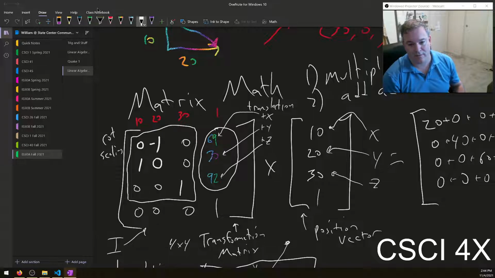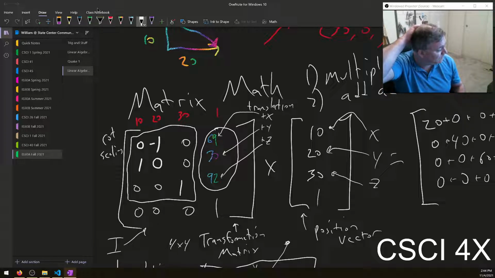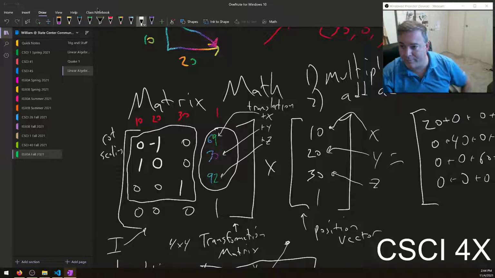Is this right? No, this is a clockwise. It's a clockwise rotation. Sorry. It's not counterclockwise. Okay. So let's do the math. Right? Is this clockwise or counterclockwise?